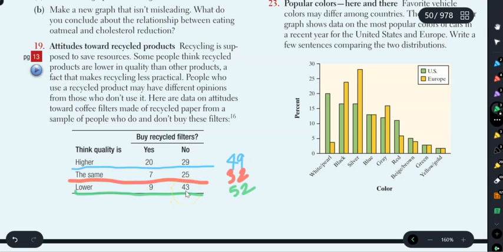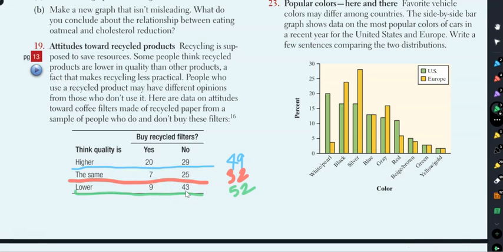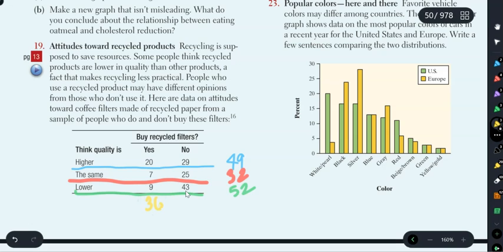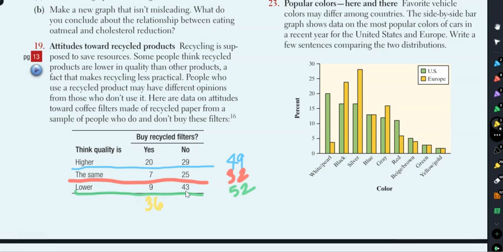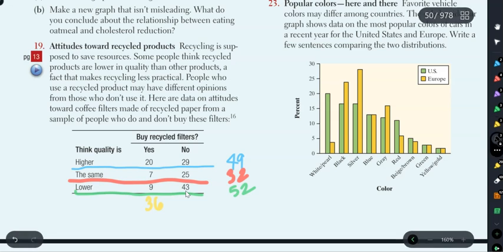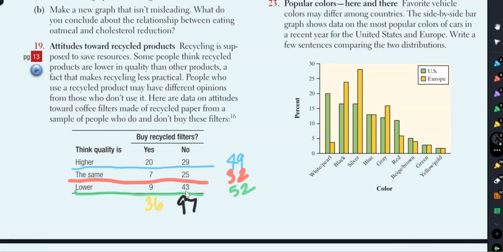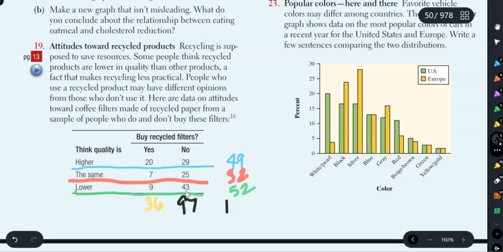So this is creating kind of like our marginal distribution. And let's total across down at the bottom too. In our column variable, 36 people said that yes, they still bought the filters. And 97 said no. Now the bottom line is you've got two distributions here, and what you'll see is both of these actually add up to 133, whether I'm totaling this way or this way.